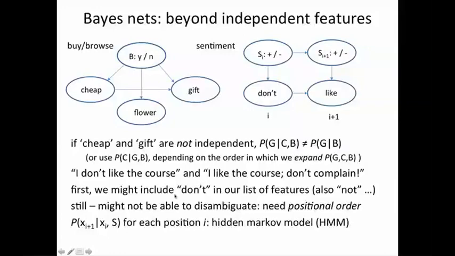And we have the probability of x i plus 1 given x i and s for every position i. In this case it's s i plus 1, in this case it is s i. The appropriate s is used for this likelihood.